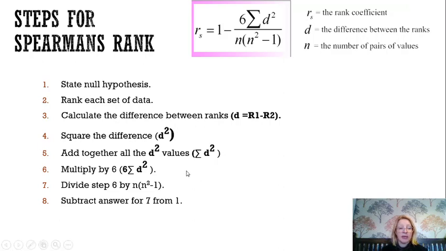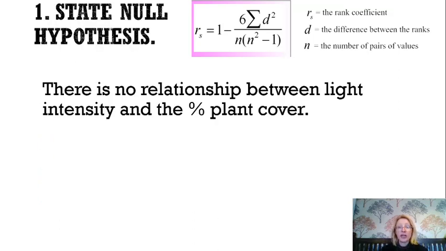Then you do 1 minus the answer to step number 7. So we'll do this step by step now, starting off with step 1. Step 1 is the null hypothesis: that there is no relationship between light intensity and percentage plant cover.